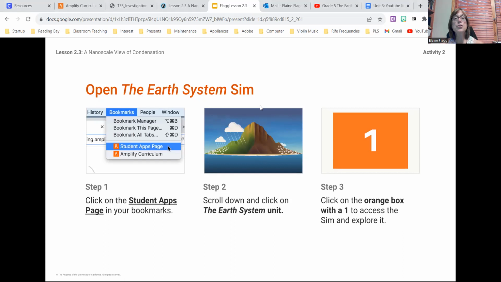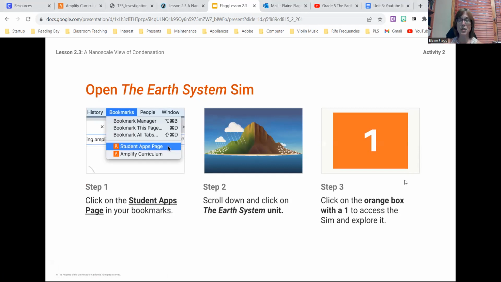So what I'd like you to do is open the Earth System Sim. And this says, go to the student apps page in your bookmarks. Scroll down and click on the Earth System unit. Click the orange box with the 1 to access the sim and explore it.